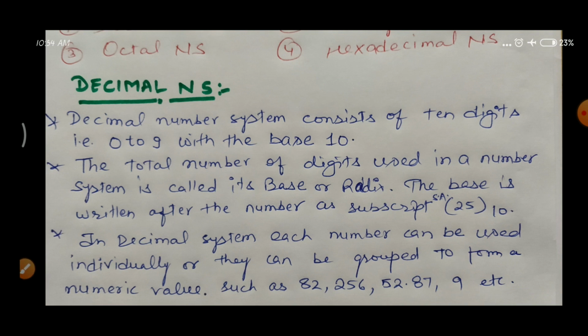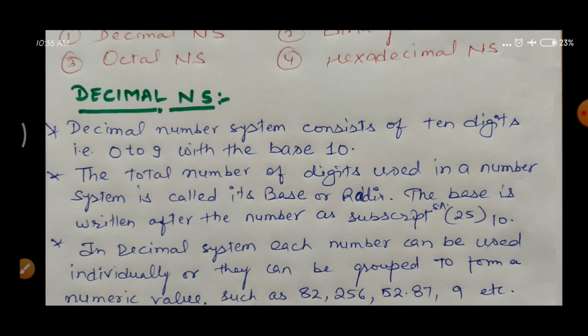Okay, so with the help of this base we can identify which type of number we are using. Understood? Next, in the decimal system each digit can be used individually or they can be grouped to form a numeric value. That means we can make a group of these digits to make any decimal number, as well as we can use an individual digit as a decimal number. Okay, for example 5.